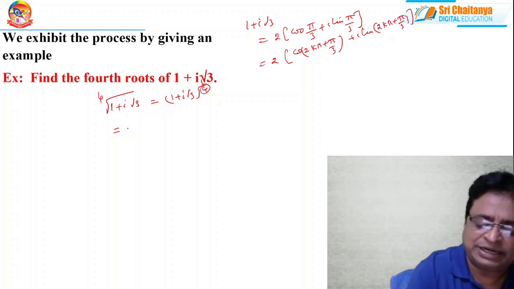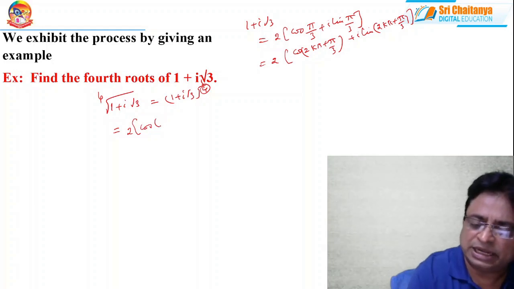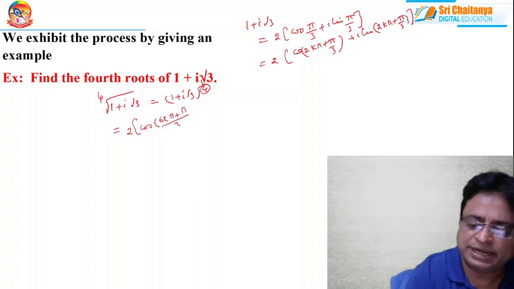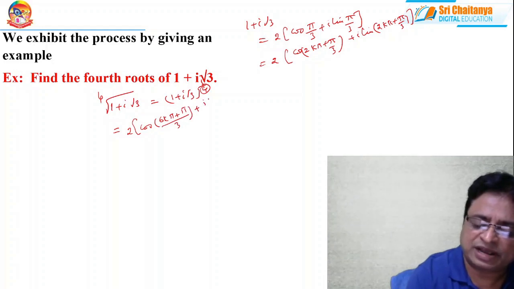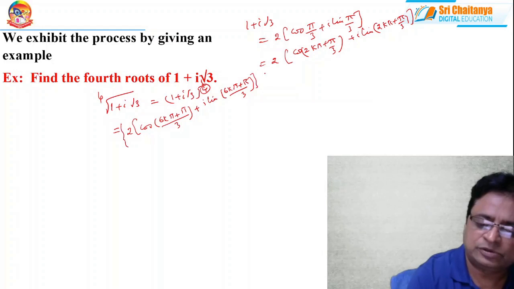Now taking the LCM, I can write this as 2 into cos of 6k pi plus pi by 3 plus i sin of 6k pi plus pi by 3, whole power 1 by 4.